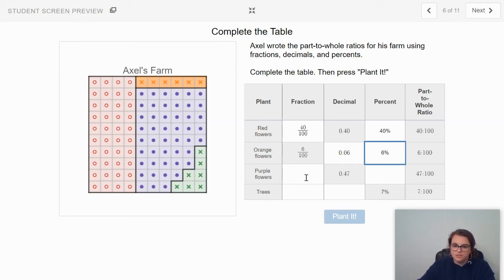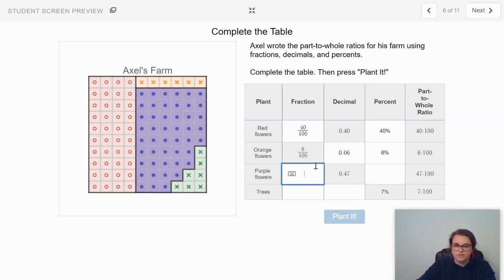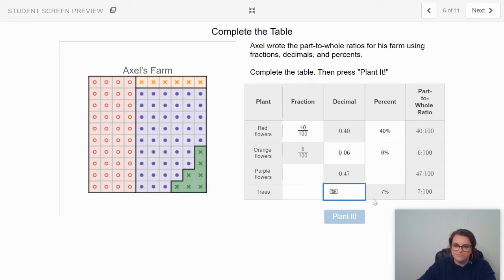I want you to do the next two on your own. Go ahead and pause this video and try to see if you can figure out what to put in for the purple flowers for the fraction and the percent. Then I want you to do the green trees on your own. Figure out the fraction and the decimal.